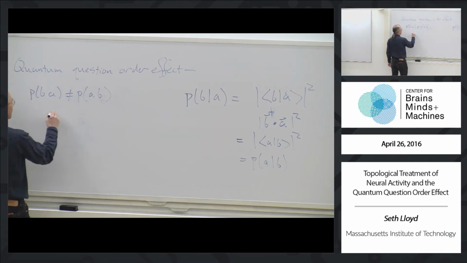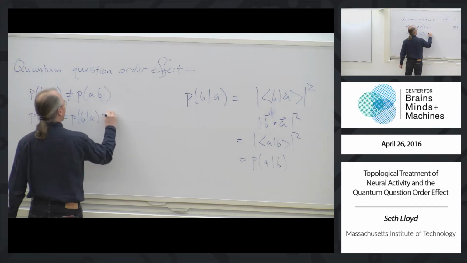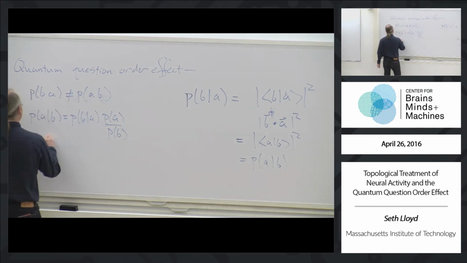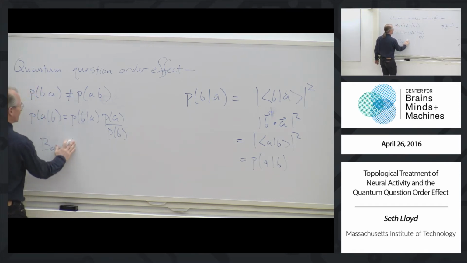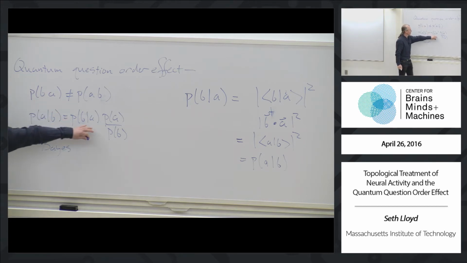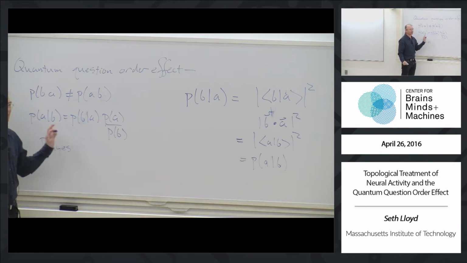That would be true by Bayes' rule, since P of A given B is P of B given A times P of A divided by P of B. These will be the same only if these probabilities are equal, which in general they're not. So it really is an order effect.